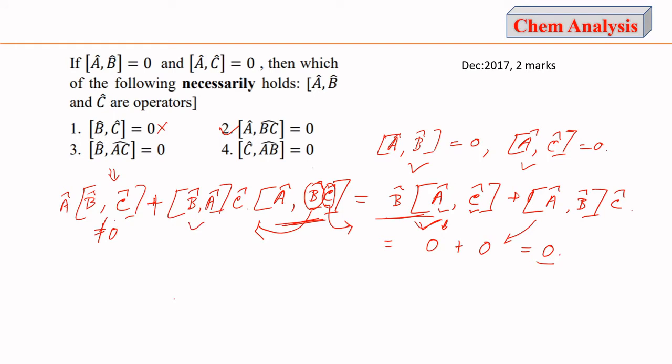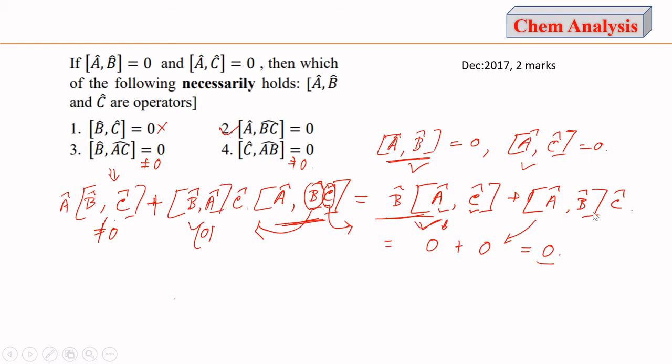But for this one, B and A, since it is given that the commutator of A and B is equal to 0, we can also take that the commutator of B and A operator will also be 0. This term is 0, but this term is not equal to 0, so as a whole this term will not be equal to 0. And similarly you can apply the rule for this case, you will also get that this commutator will not be equal to 0. So you can say that option number 2 is the correct answer.